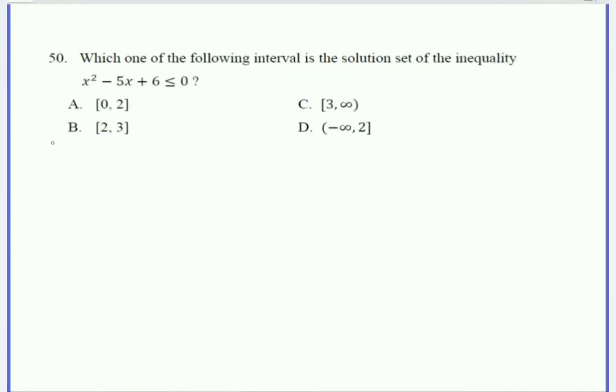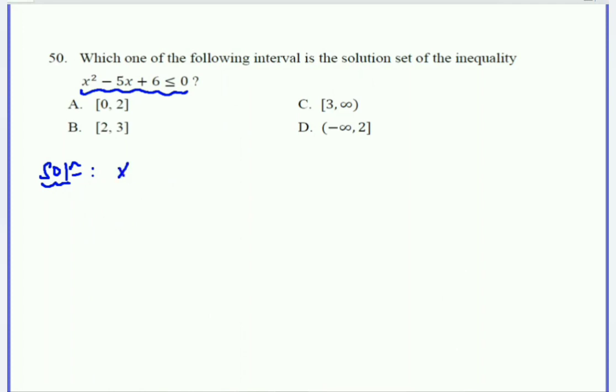Next, we have a quadratic inequality. Which one of the following intervals is the solution set of the inequality? Here, I will show you a very short and precise way of finding the solution for any quadratic and polynomial inequality.